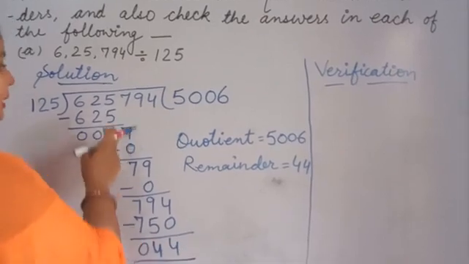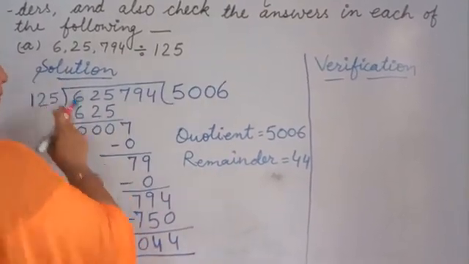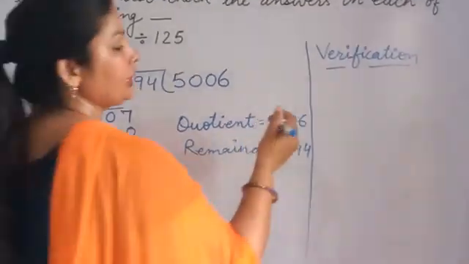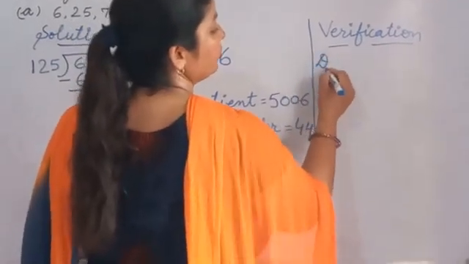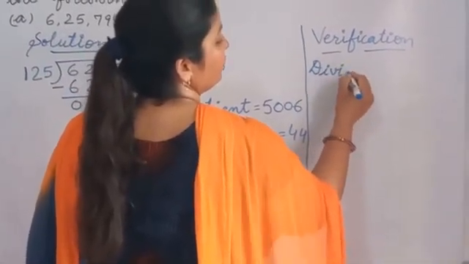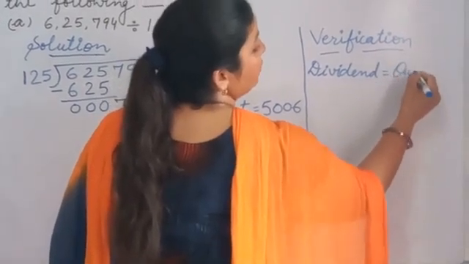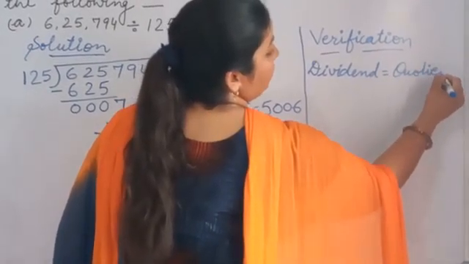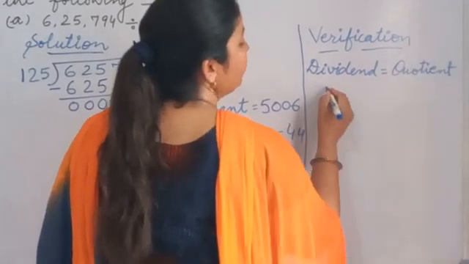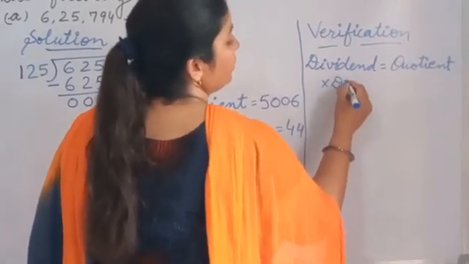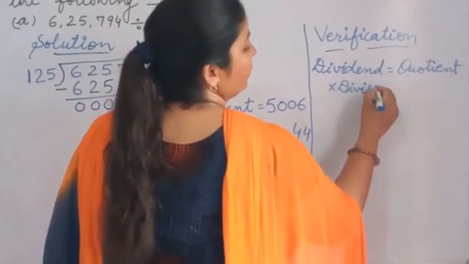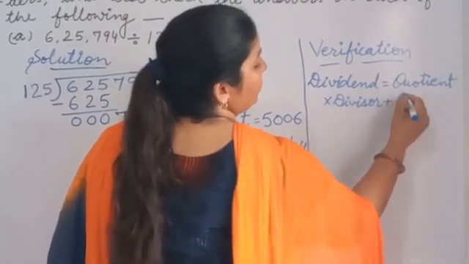Whatever our dividend, that should be equal to quotient multiplied by divisor plus remainder. So we write here dividend equals quotient multiplied by divisor plus remainder.